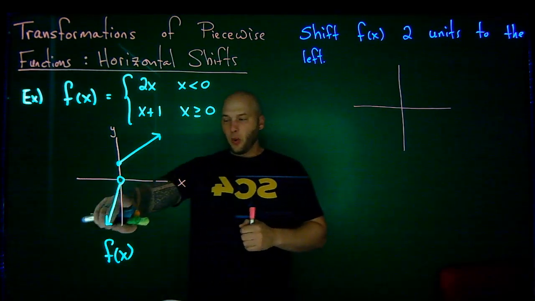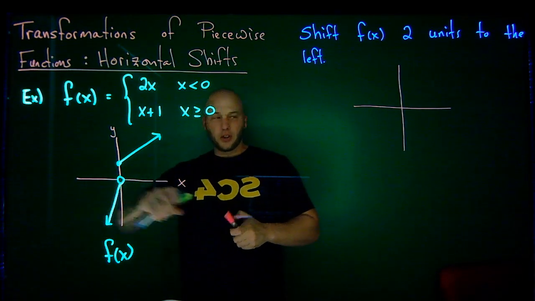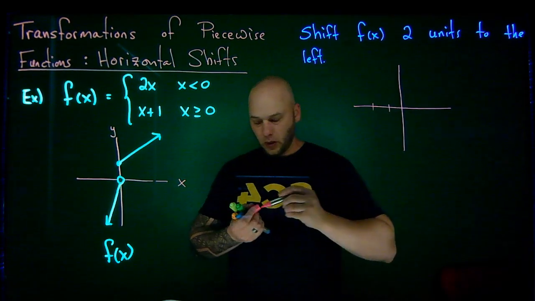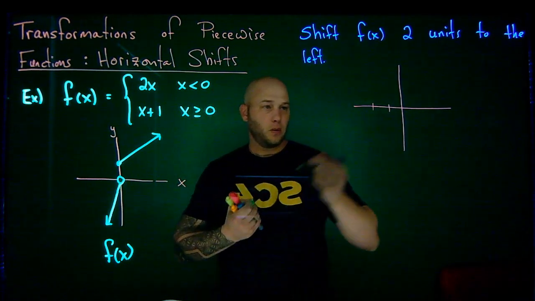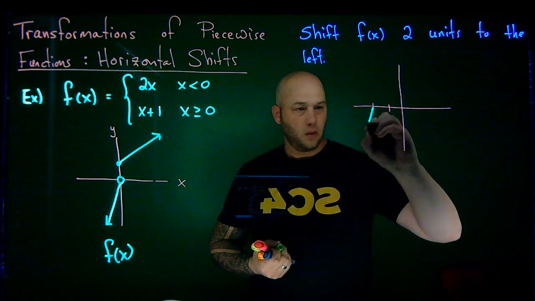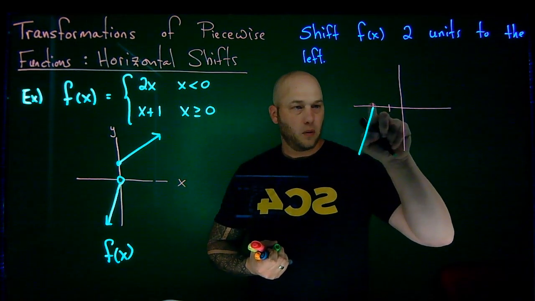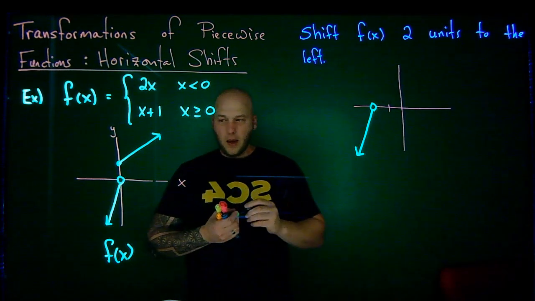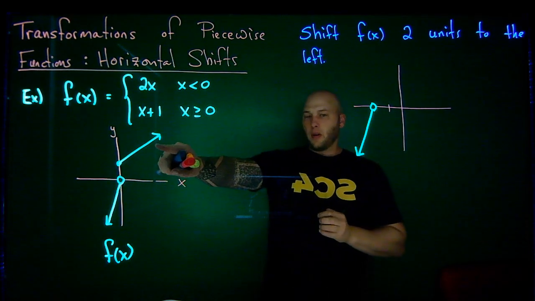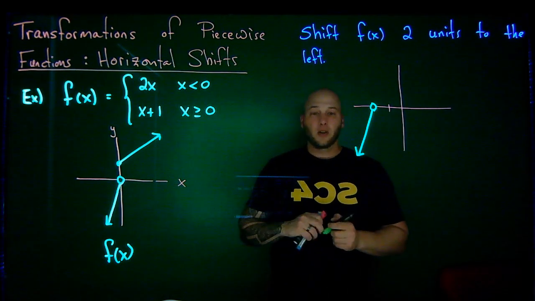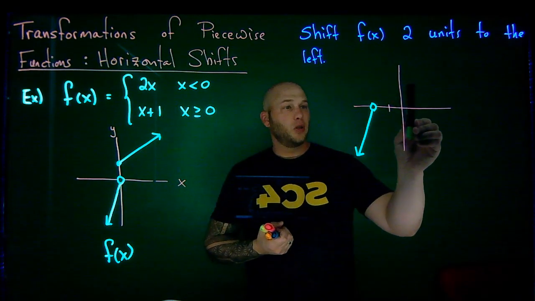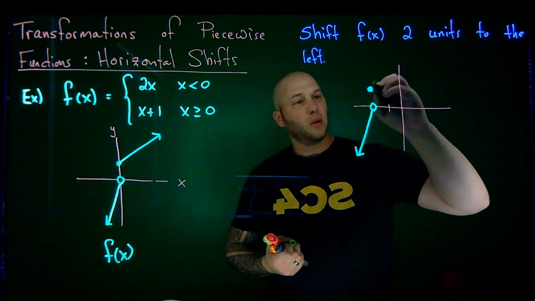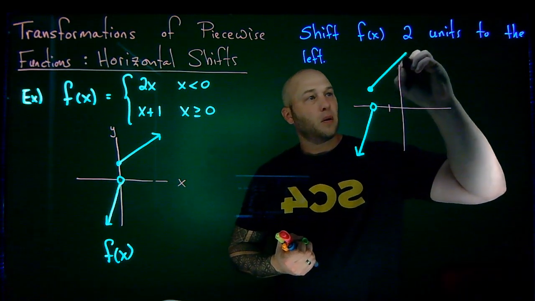If I take this portion that goes to the origin and shift it 2 units to the left, it's going to go over to here. And if I take this part of the piecewise function graph that has a y-intercept of positive 1 and shift it 2 units to the left, then it would be here, and look like this.